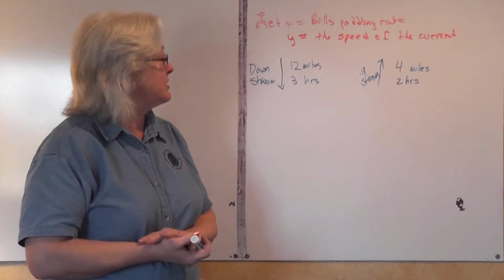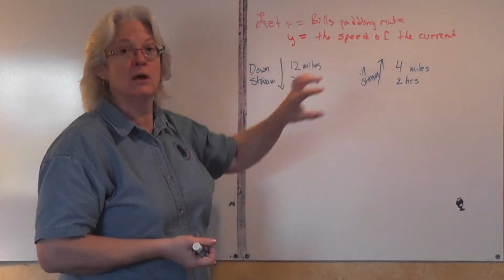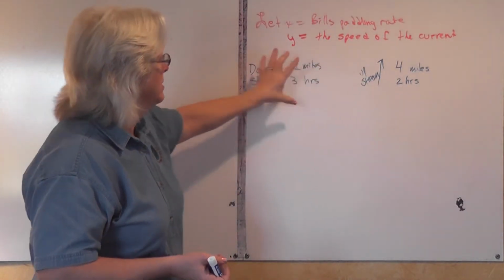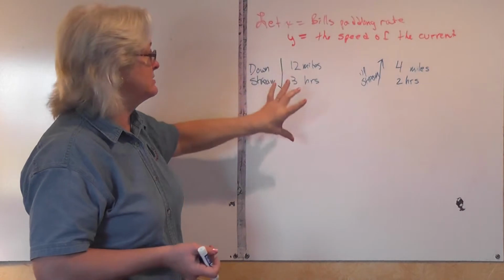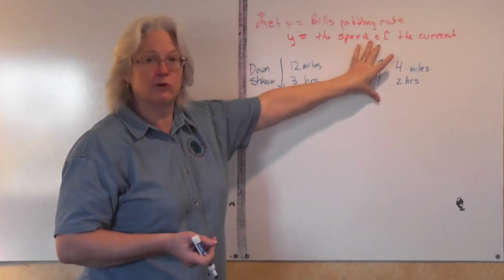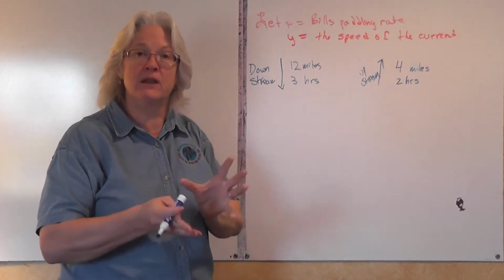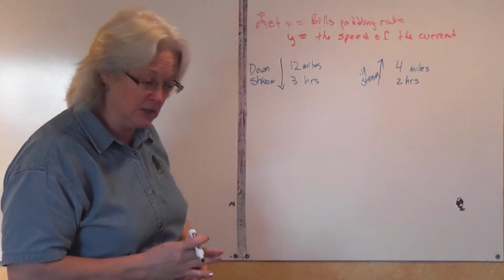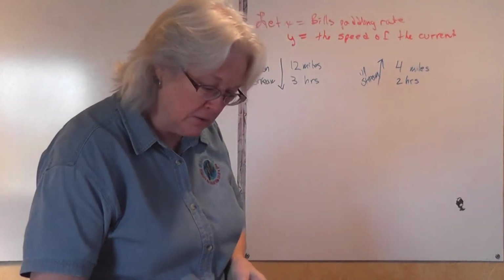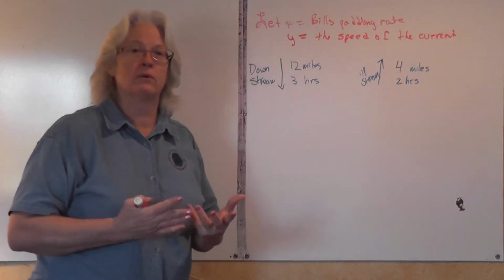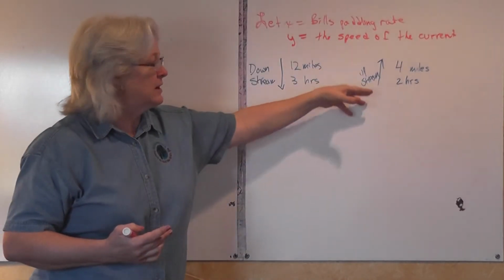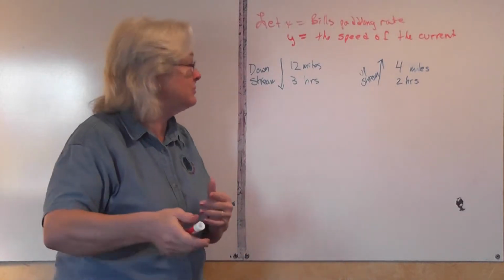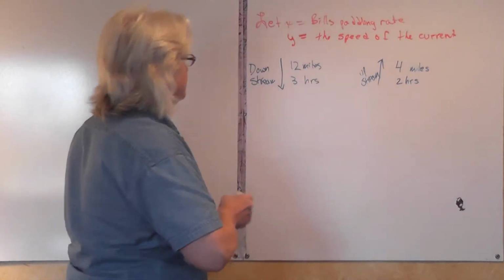What does our problem want us to determine? It wants us to know his paddling rate and the speed of the current. We see his effective rate downstream is 4 miles an hour. His effective rate upstream is 2 miles an hour, but it's a combination of two different speeds, and we have to figure out what those two different speeds are. So, why don't we come up with rate times time is equal to distance for our traveling time upstream and our traveling time downstream.